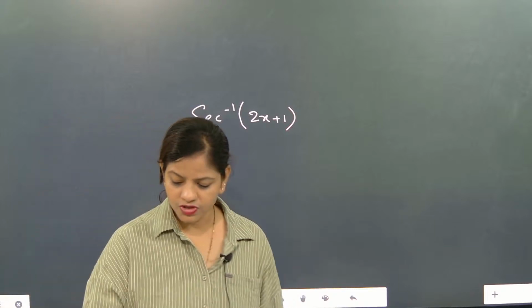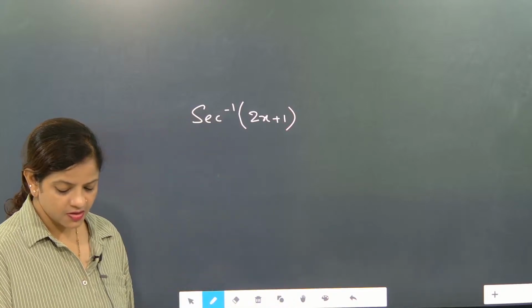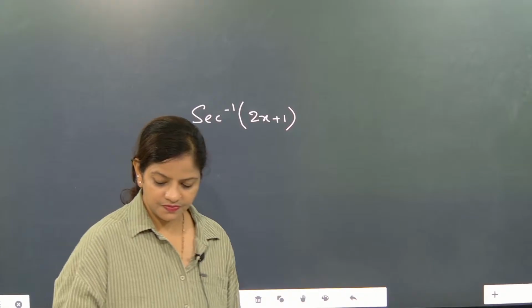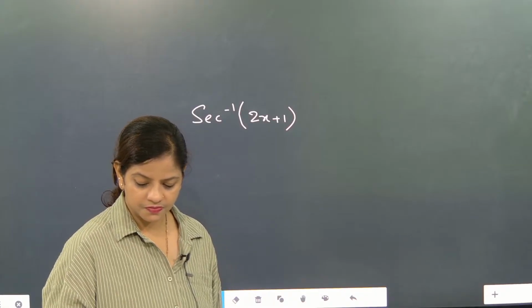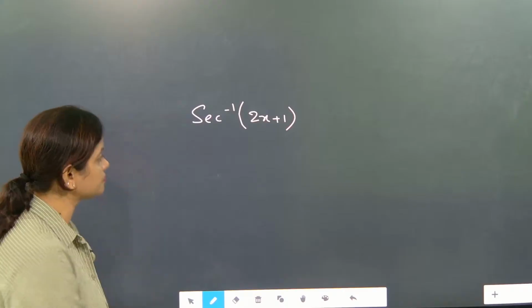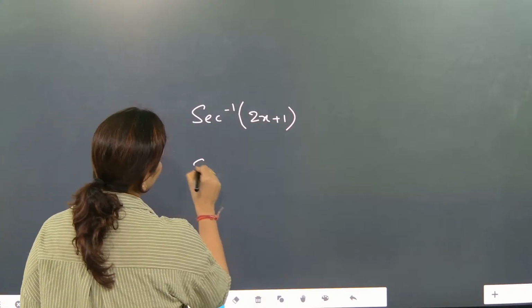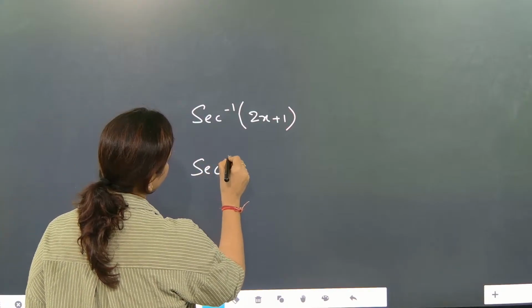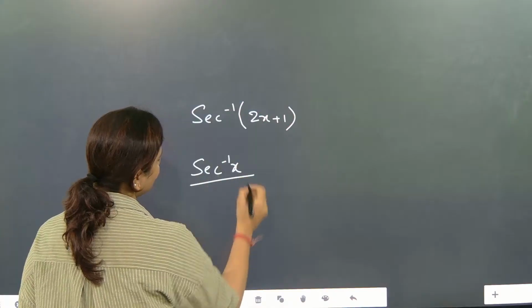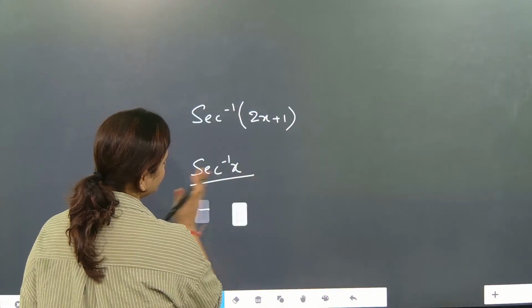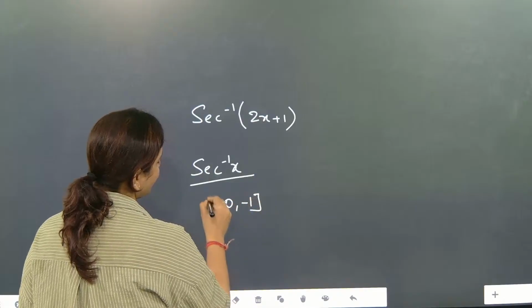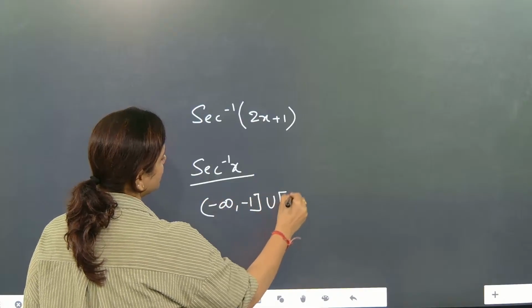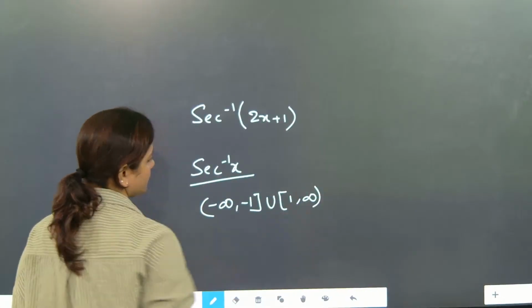Because the most important thing is, you must know that for secant inverse x, what is the domain? Its limit is minus infinity to minus 1 in closed interval, and 1 to infinity.